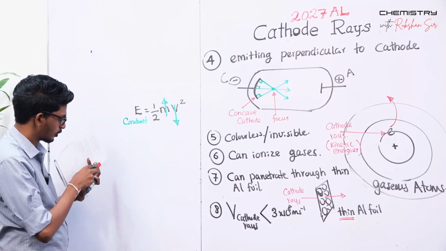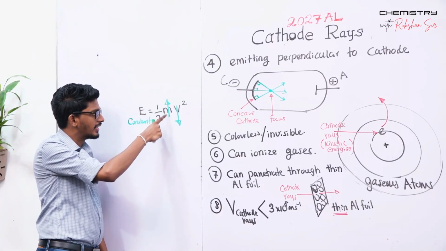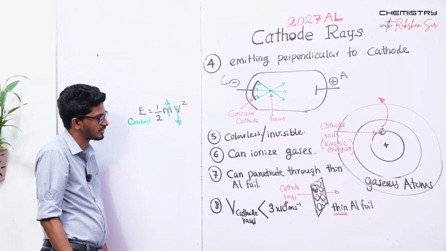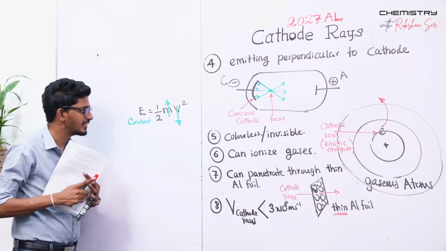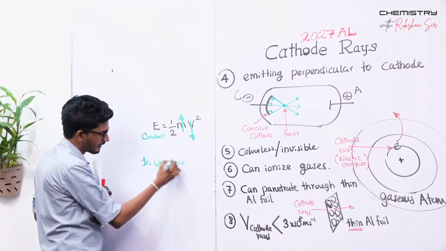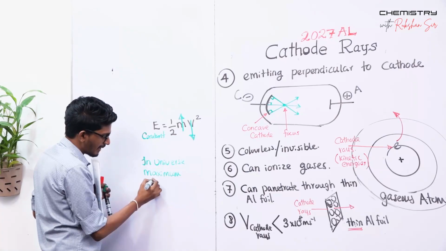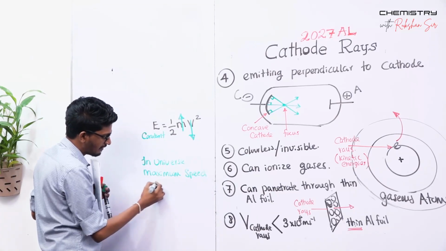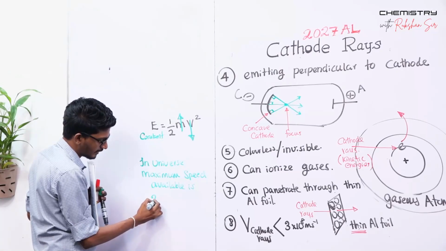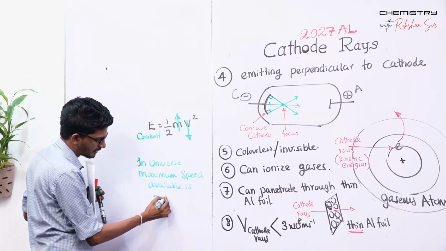So any particle with a mass can't have the maximum speed available in our universe. The maximum speed available in the universe is the speed of light, 2.998 into 10 to the power 8, which you can say as 3 into 10 to the power 8.